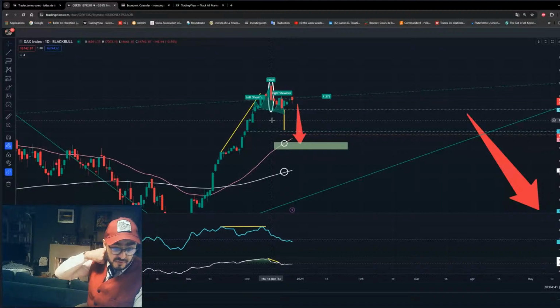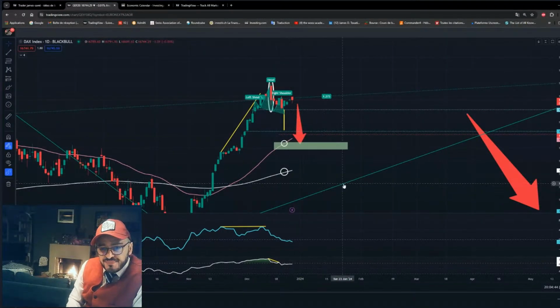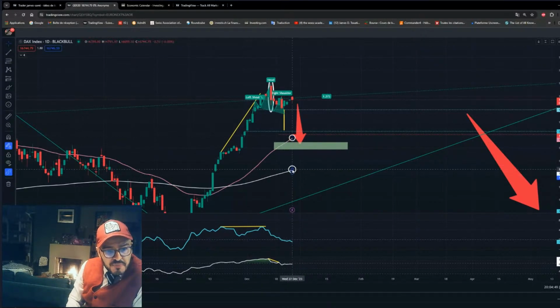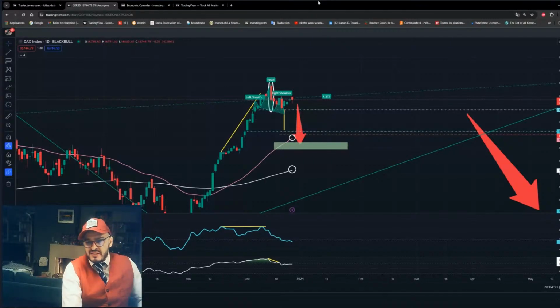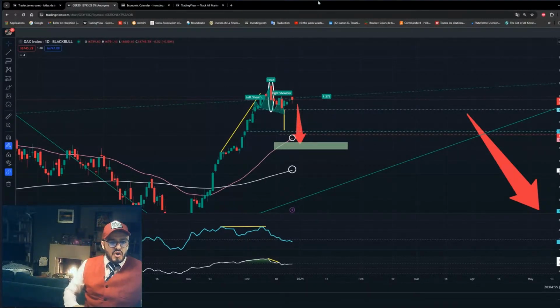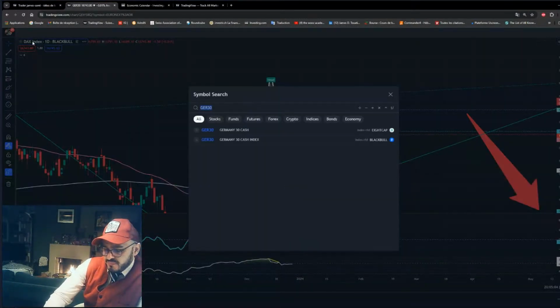So be careful. EMA 50 and EMA 200 are potential targets. Check these lines all the time. We can have a target around 16,200, 16,250. We also have a divergence here on the RSI, so be careful. If you have any question, you can write me.